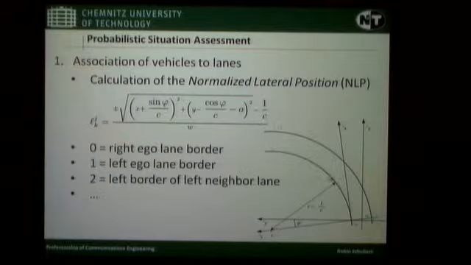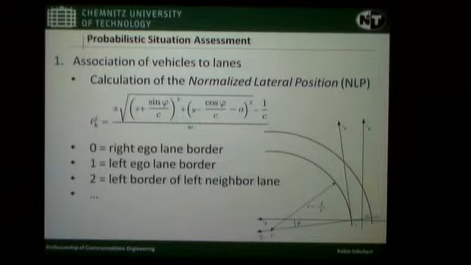So we have here a circle representation of our lane with some parameters, the curvature, a distortion angle, an offset, and the width. And what we can do is that if we have a vehicle which is around here, then we calculate the distance of this vehicle to the next lane border, and we normalize this distance by the width of the lane. If we do that and we have a vehicle that is exactly here, for example, we get an NLP of 0. Here we get an NLP of 1, and so on. So this is just a normalized lateral distance.